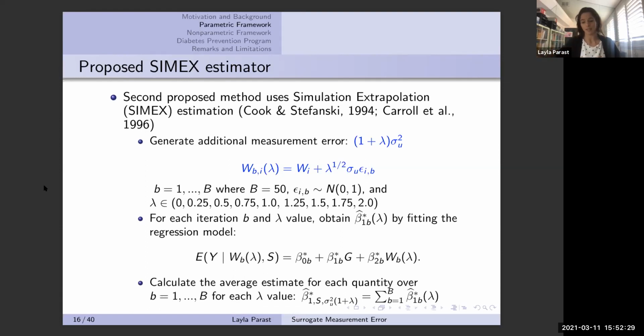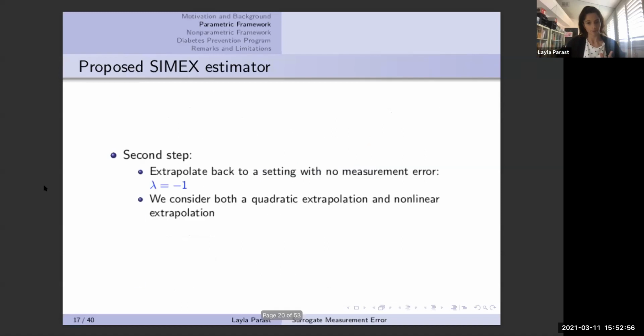So here it's fitting that second regression model and getting the beta 1 star that you would get now with this more mismeasured W. For each lambda value, you do that 50 times, and then you take the average over the 50 times. And now you have information about how beta 1 star behaves as you have more and more measurement error. So this is the simulation part of it.